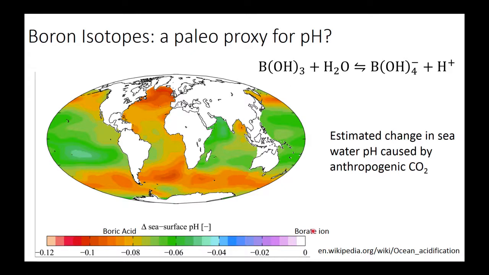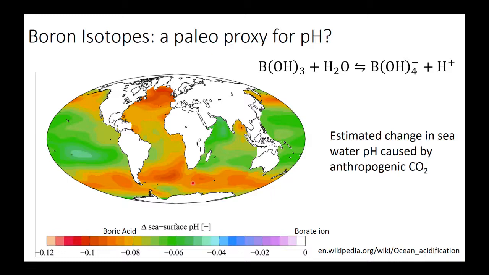And if we look at this equation up here, because it has a hydrogen ion in it, there must be some pH dependence on the equilibrium point of this chemical reaction. This is quite useful because knowing something about pH in the past would be nice, as pH is an important parameter of the carbon cycle. This is a map of how the pH of the ocean has changed since we started pumping loads of CO2 into the atmosphere, which we can measure now with a pH meter if you wander around and dip it in the ocean.